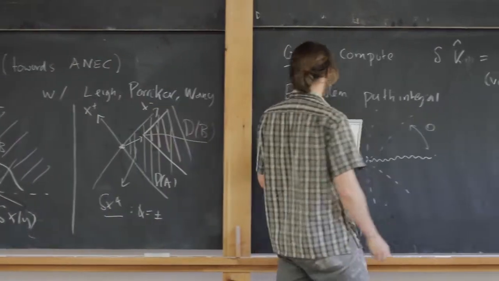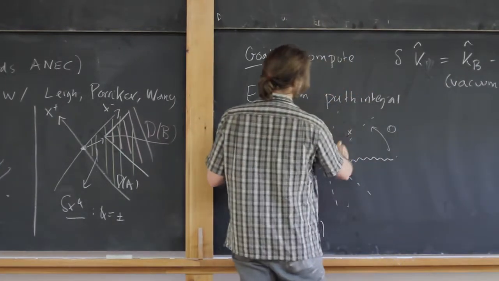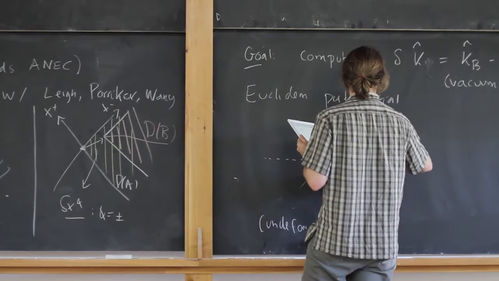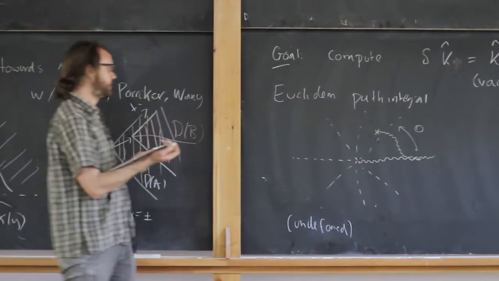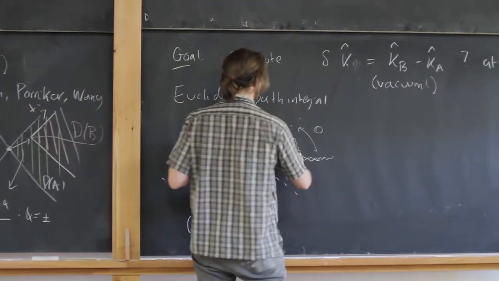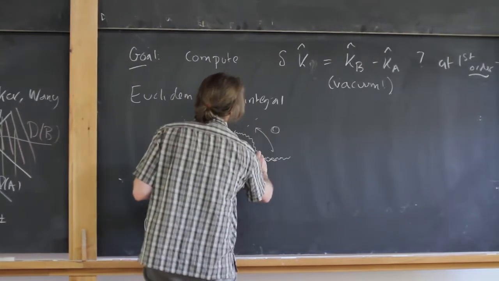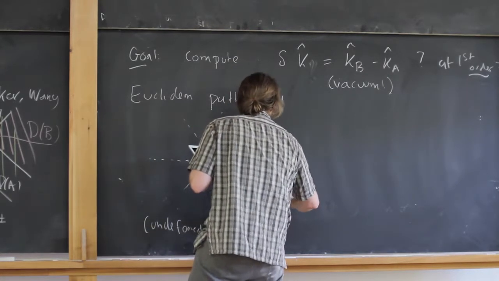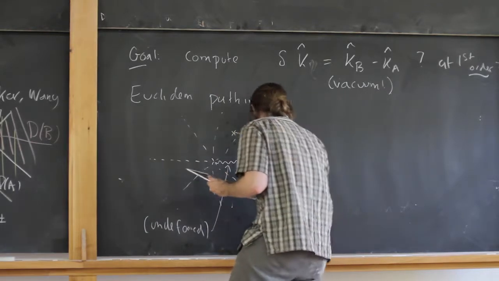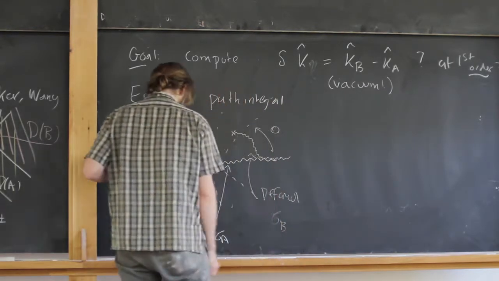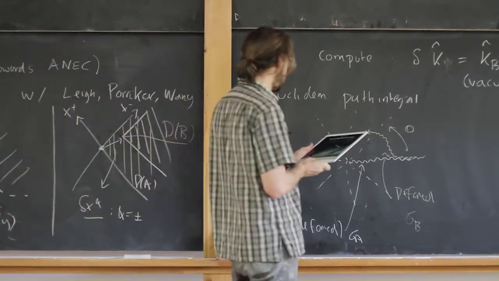So that means that we need a new cut, where we're going to put our entangling surface, somewhere up here, and then we can do whatever we like with where we put the branch cut. This is for the undeformed case, and this is the deformed sigma b, and this is sigma a.